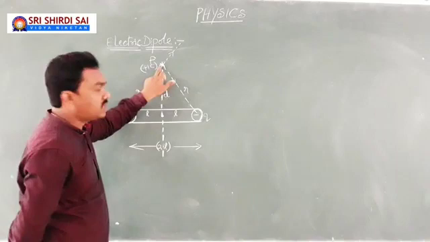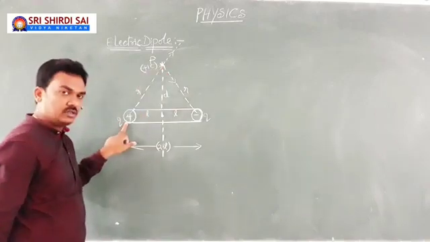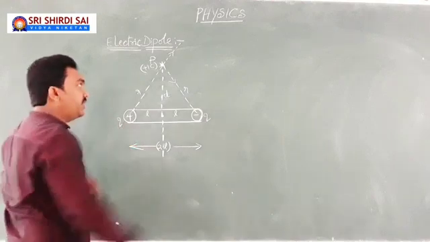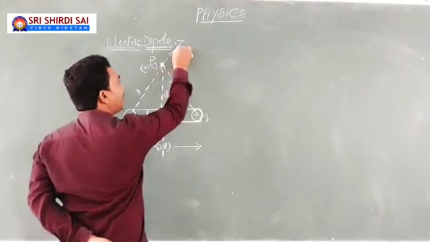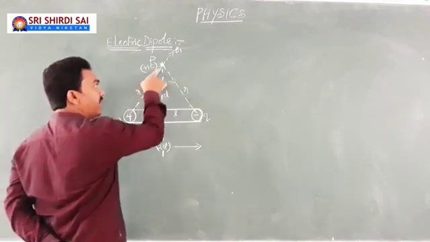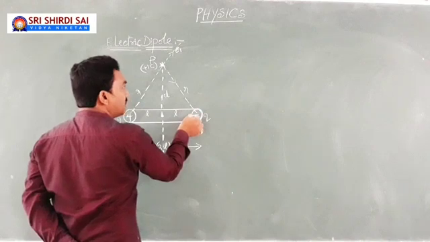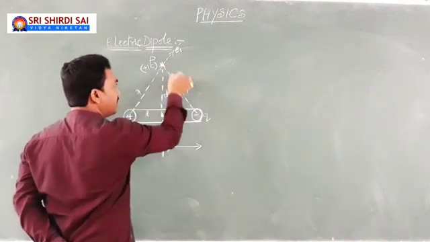See, at this point you wish to know electric field intensity. Due to this point charge of the dipole, which is Q, there will be electric field intensity at this point, which is directed away, you take it as E1, because due to the positive charge it is at a point away from the charge. Here due to the negative charge, electric field intensity at this point will be towards the charge, E2.